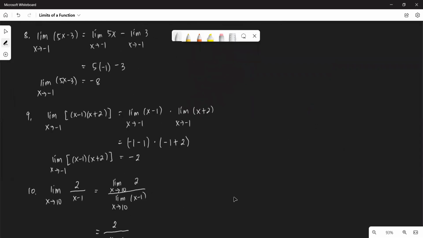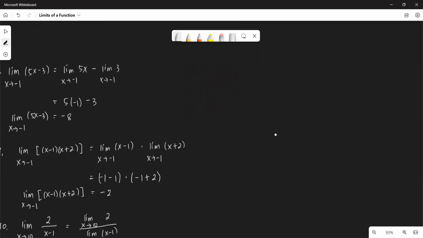So example number 12, an example on the last property. If we're going to have an nth root of a function, let's say the square root of x squared minus 5x plus 2 over x as x approaches 0. Let's combine all or most of the properties.